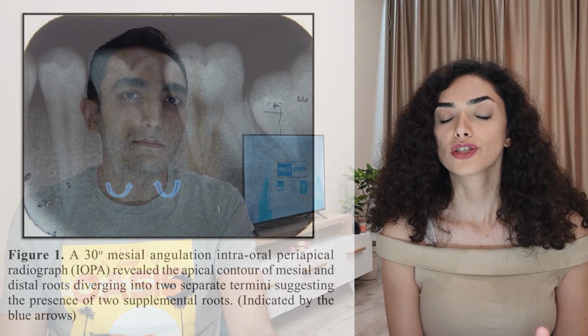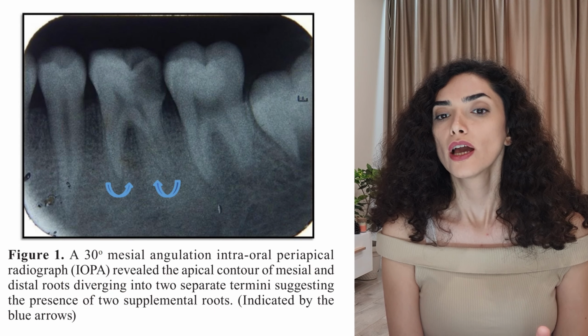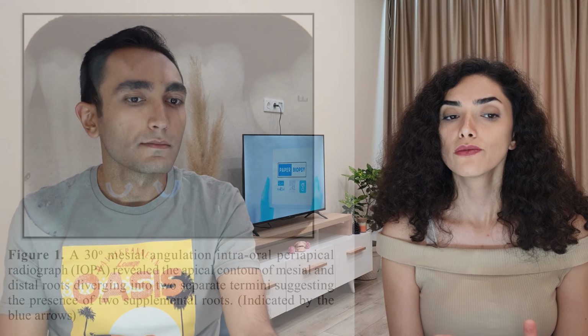The intraoral periapical radiograph shows a double lining of the periodontal ligament, suggesting an accessory root. They even used a 30-degree mesial angulation intraoral periapical, which gave them a clear view of 2 extra roots with diverging termini.